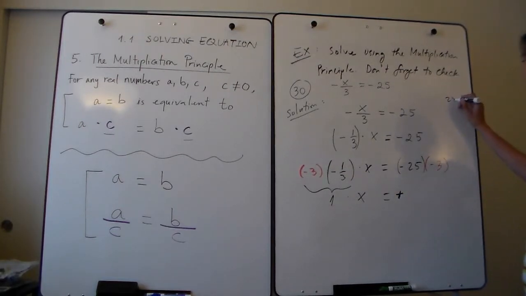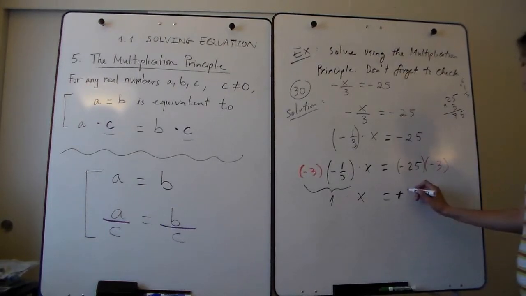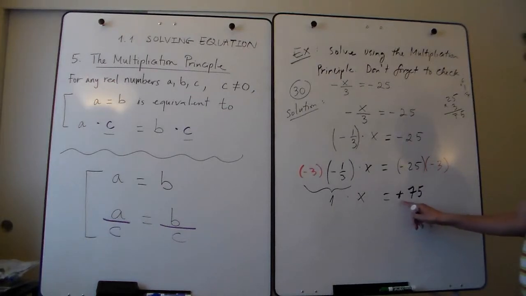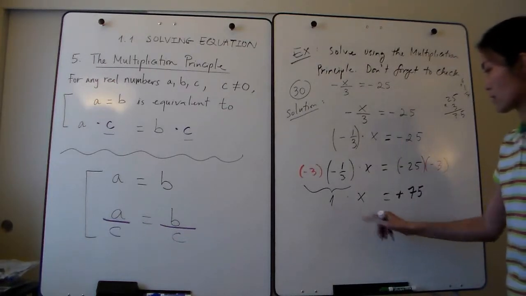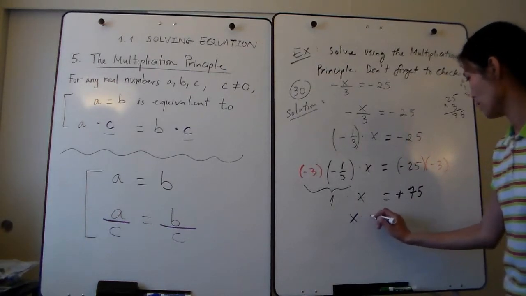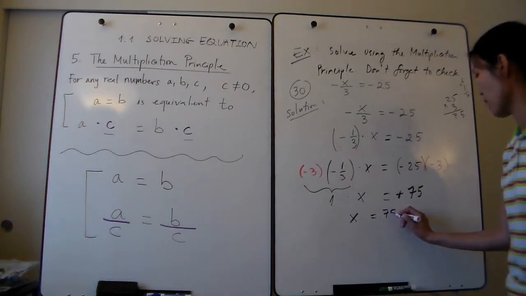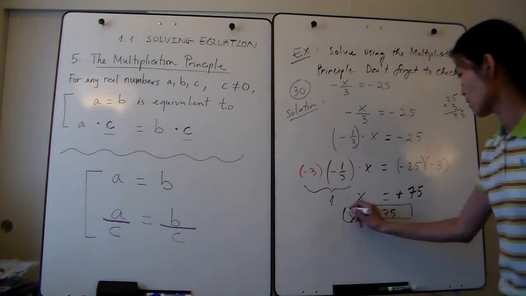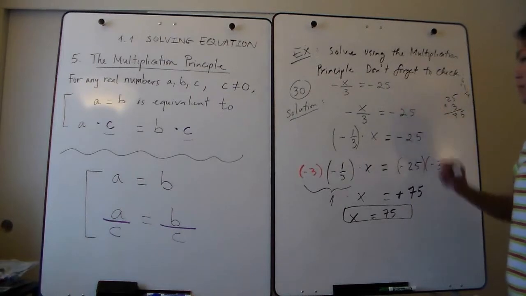Let's multiply 25 times 3. 3 times 5 is 15, 5 carry 1. 3 times 2 is 6, 6 plus 1 is 7. So negative 25 times negative 3 is positive 75. 1x is x equal to positive 75. So this is the solution for this equation.